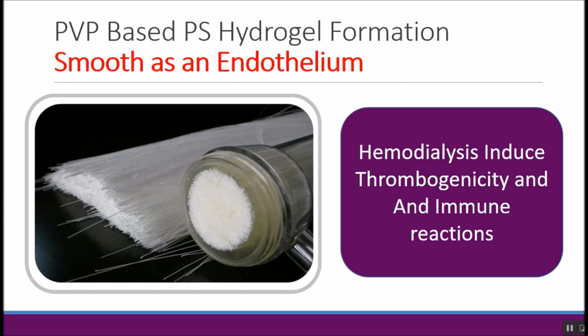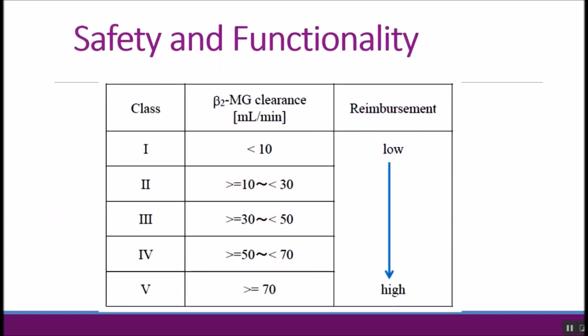So usually, most of the current dialyzers in practice have hydrogel-like structures, PVP paste, which is the hydrophilic nature of the membrane, incorporated inside the polysulfone membrane and some other membranes. And these PVP polysulfone hydrogel formations make the inside of the membrane smooth. Hemodialysis can induce thrombogenicity and immune reaction, so we have to avoid that.